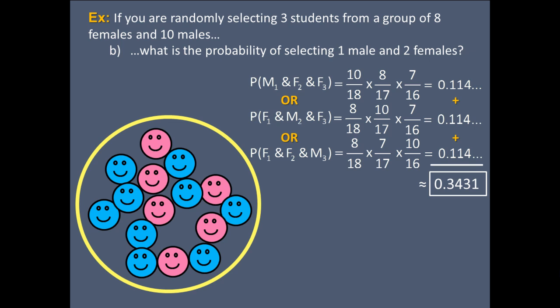Here, because we knew we could get it 3 different ways, we calculate the first way, multiply it by 3, and we get the probability of selecting exactly one male and 2 females is 0.3431.